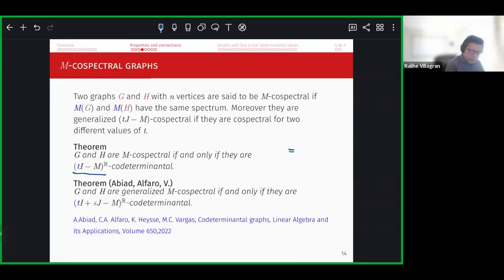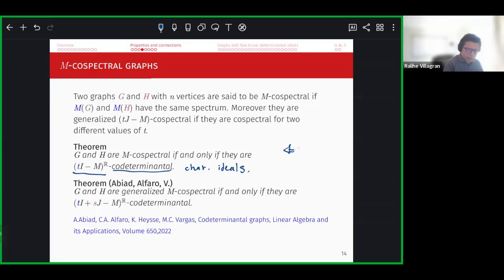This direction is very easy, because if two graphs have the same determinantal ideals, the same critical ideals in this case for instance, then the characteristic polynomial is equal for those two graphs, and therefore they are cospectral.